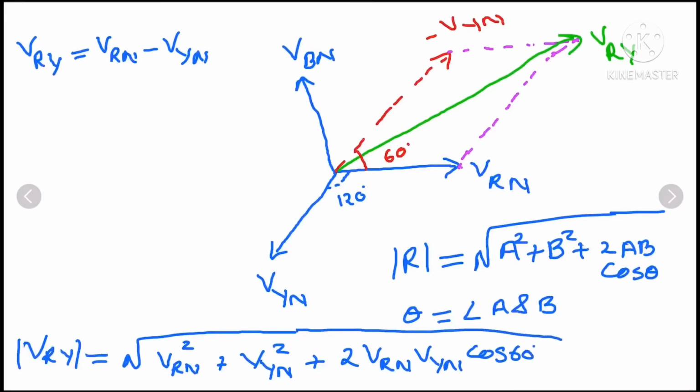Now we will put in values. VRY can be written as the line voltage, that is VL, and the remaining voltages are phase voltages, so we will replace all of them by VPH.